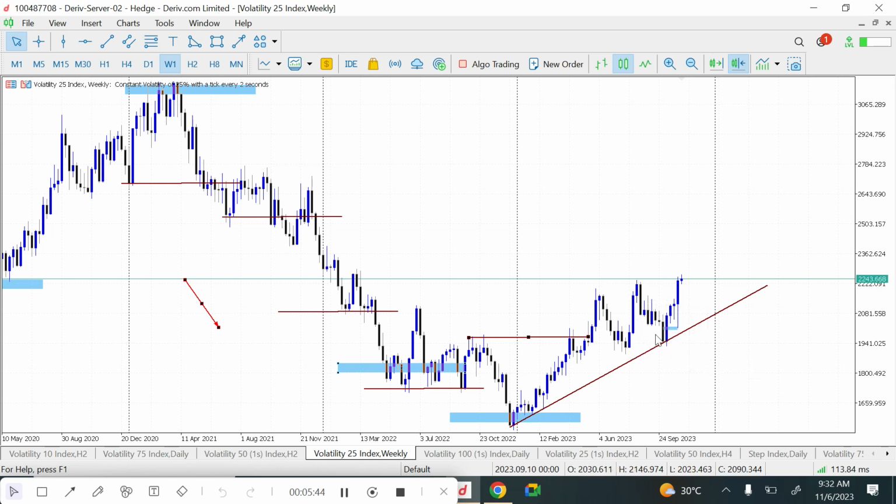And then we had a little push down, and then we are getting another push to the upside. So I'm going to mark this area as an area of resistance on the weekly time frame, which we are waiting for price to violate and retest so that we get that buy to the upside.